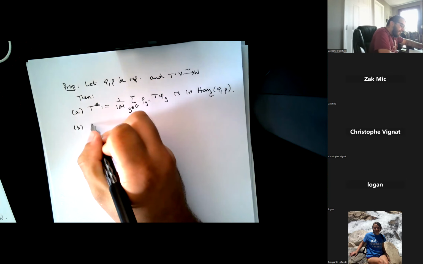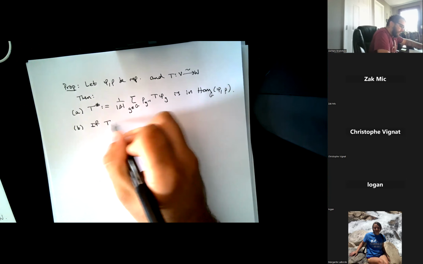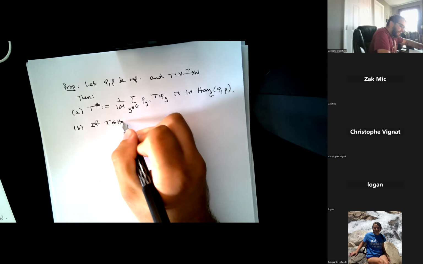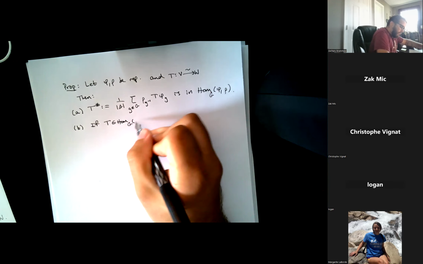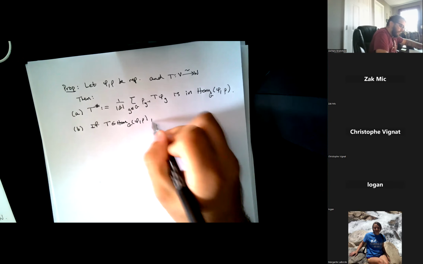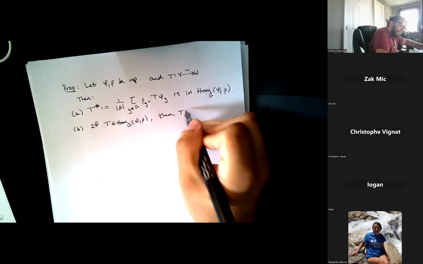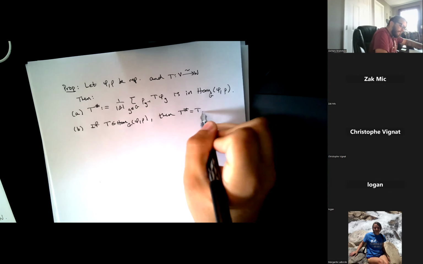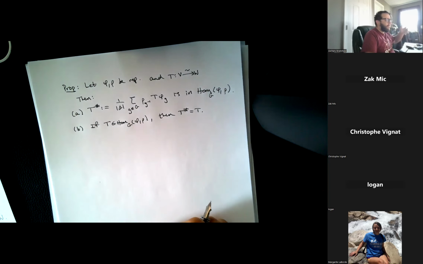So we also have that if T is in the Hom set between phi and rho, then T sharp is equal to T. So if T is already in the Hom set, then doing this averaging trick won't do anything. It'll just make T sharp equal to T. Yes, looks very similar to the twirling map in quantum mechanics because it is.